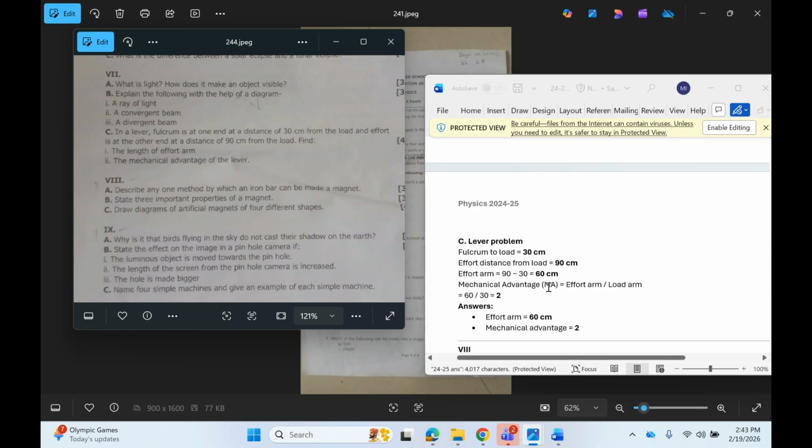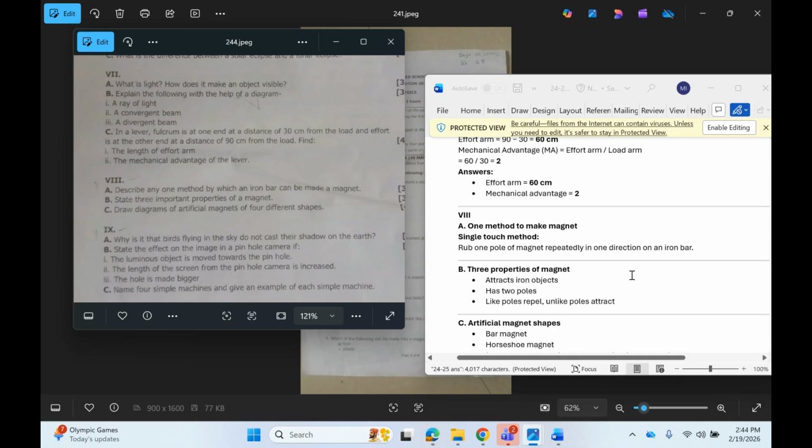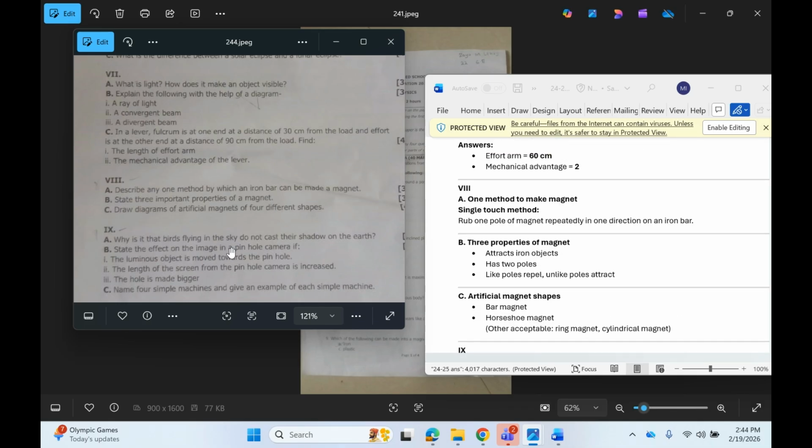Mechanical advantage is the ratio of effort arm to load arm. Effort arm is 60 and the load arm is 30, so 60 by 30. Is this clear? So the effort arm is 60 centimeters and the mechanical advantage is 2, because that ratio is 2.